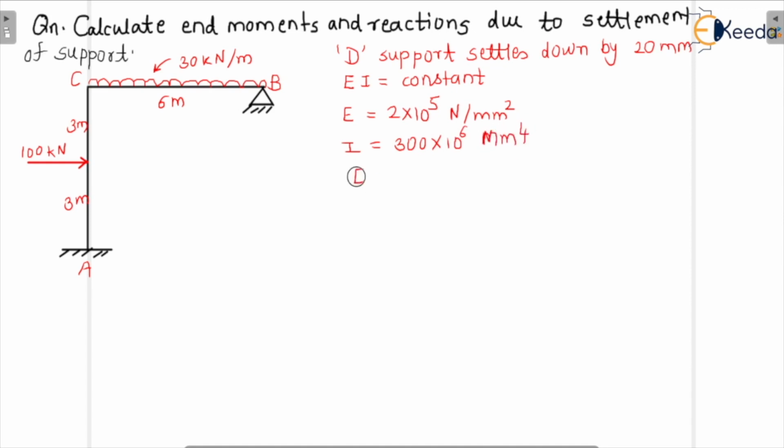So EI in meter square, if we consider, is 60,000 kilonewton meter square when you multiply these two things.